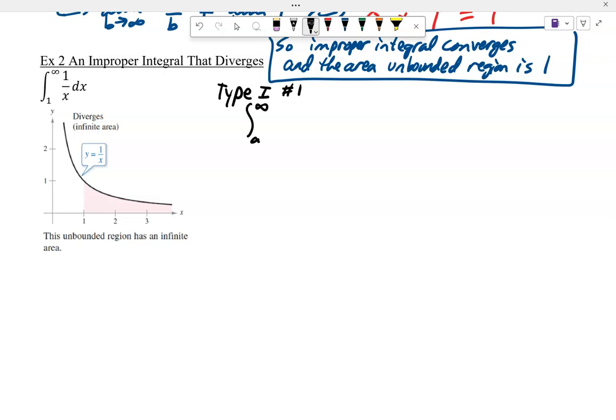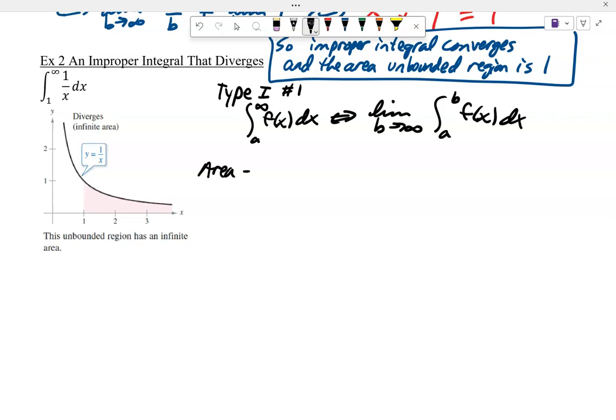So from a to infinity of this function is equivalent to the limit as b goes to infinity of a to b of the function. So we're going to use that as we try and examine this area under the curve from 1 to infinity of this 1 over x dx. So let's apply type 1, number 1.